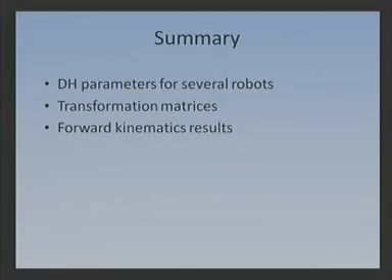So, let me summarize by saying that I have shown DH parameters of several spatial robots, transformation matrices are calculated and forward kinematics results, and I have also done the inverse kinematics for the 2 degree of freedom planar robot.